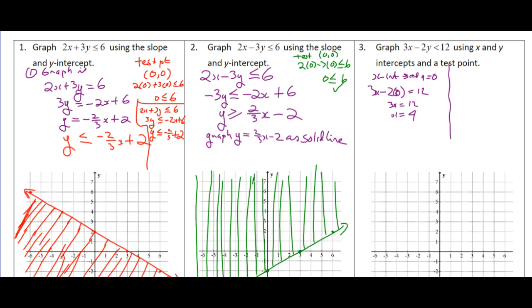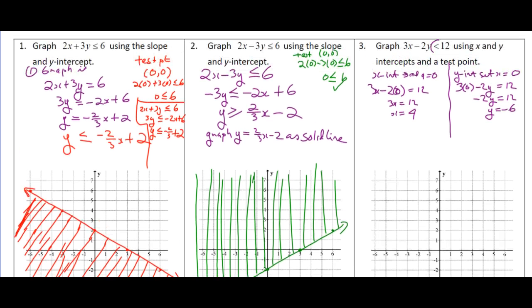That's the x-intercept. So we're switching back to finding these points. And the y-intercept, set x equal to 0, again going with the equality. So it's 3 times 0 minus 2y equals 12. Negative 2y equals 12. y equals negative 6.